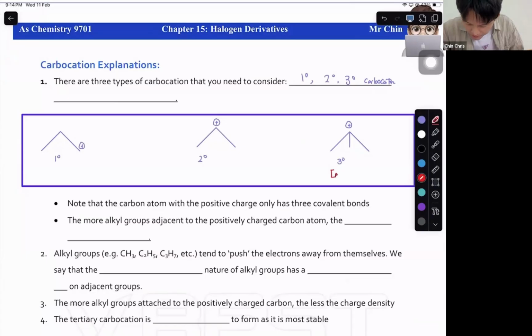Tertiary is the most stable. Primary is the least stable. Okay, please write it down.